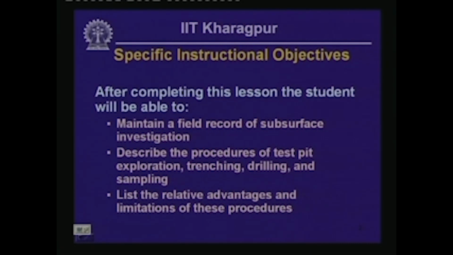We are going to see how to maintain an appropriate field record documenting all the proceedings of a subsurface investigation process, and then we are going to describe the procedures for test pit exploration, trenching, drilling and sampling, and list some of the relative advantages and limitations of these procedures.